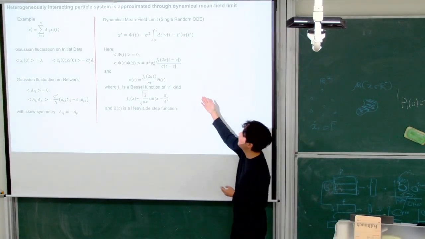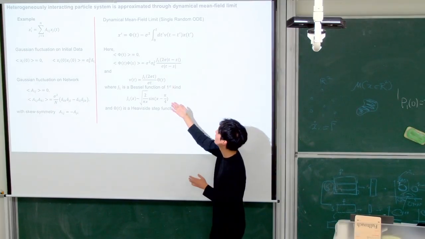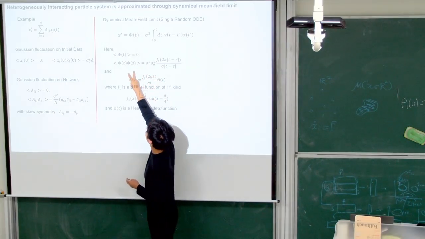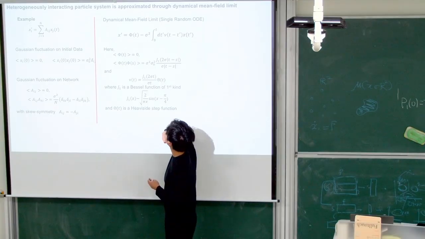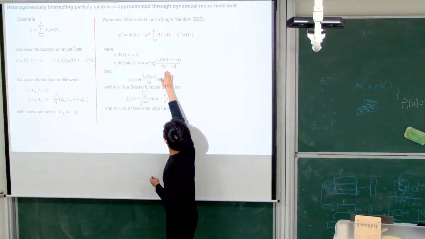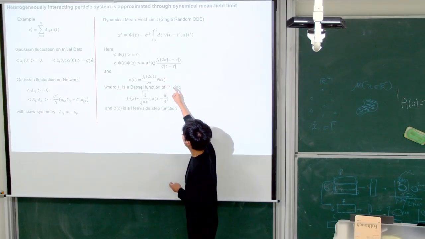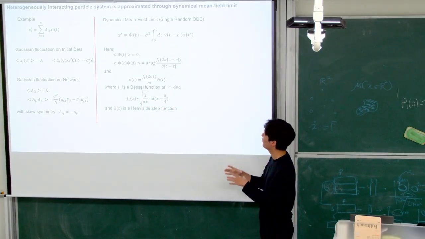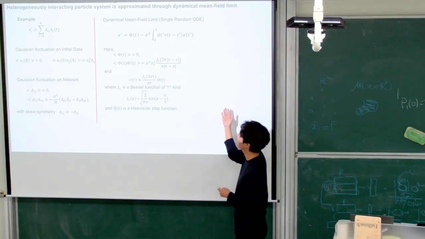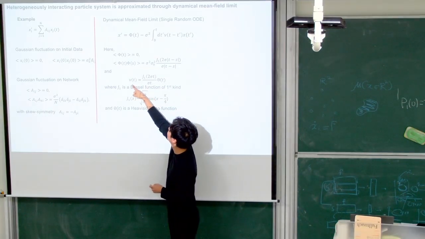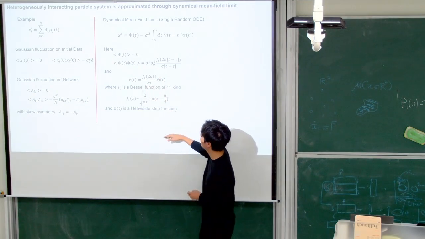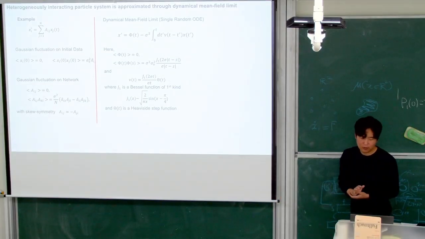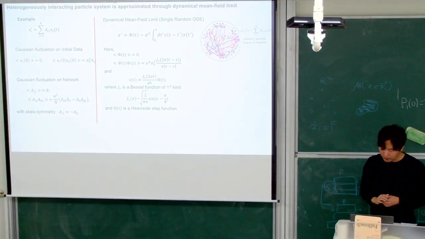Phi is also some random term whose expectation is 0, and it has some Gaussian distribution where J1 is the Bessel function. It has some form, you can just ignore it at this moment. Also, nu is written in some complicated form where theta is a Heaviside step function. You don't have to focus on its exact meaning right now.